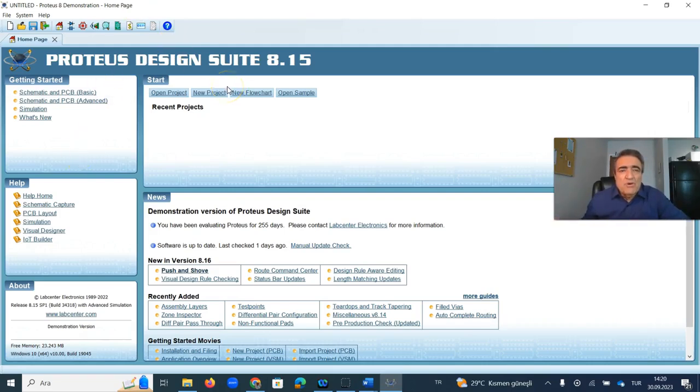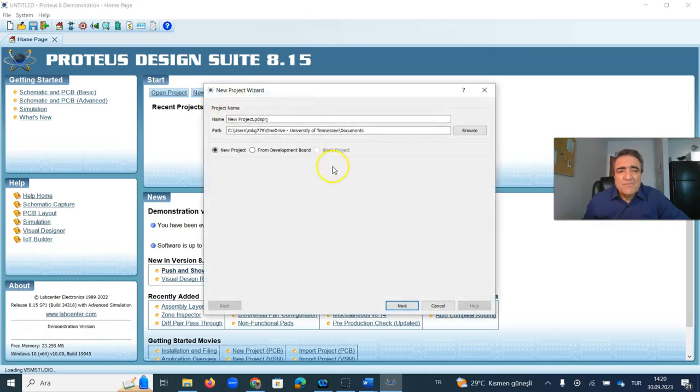Maybe your version is the latest. This is 8.15 that I am using now. And now, first of all, you have to select new project. Here, the project name is up to you.